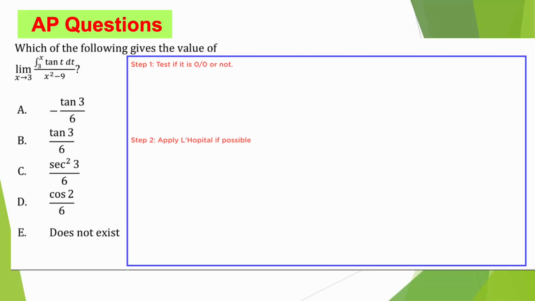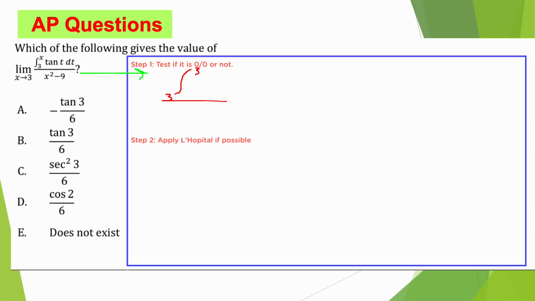Let us take some examples here. Here we have a limit with an integral. So we can use L'Hopital, but before using L'Hopital, we need to check if we can use it or not. All what we do, we test, we replace x with 3. When I replace 3 here, it will be the integral from 3 to 3.